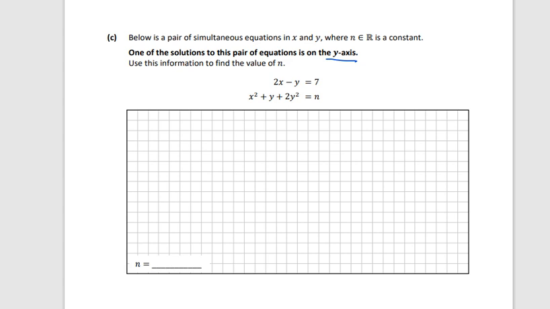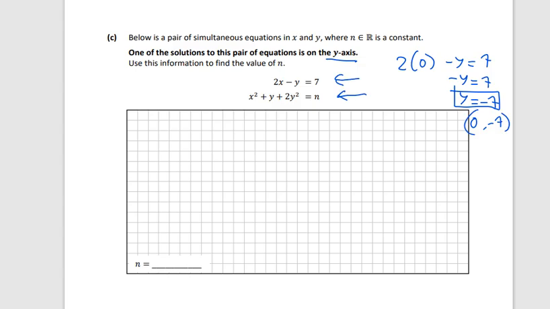So if we take the top equation there, I'm going to put 0 in instead of x. Therefore, minus y is equal to 7, so y is equal to minus 7, multiplying across by minus 1. Therefore, (0, minus 7) is a point that is on both of these. It's on that, and it's on that.